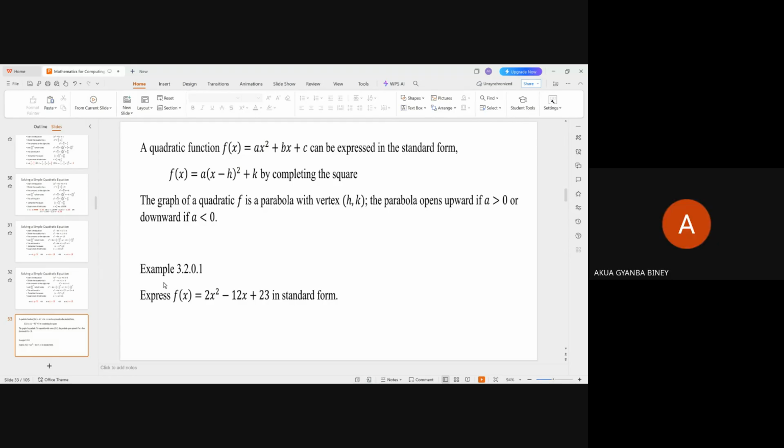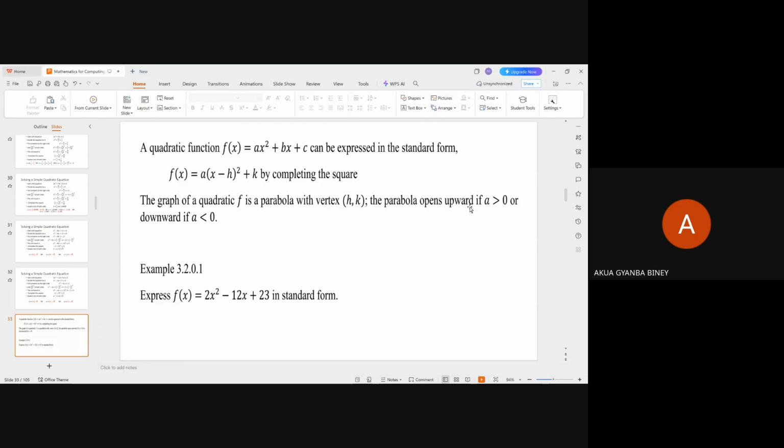A quadratic function f of x equals ax squared plus bx plus c can be expressed in the form a(x plus h) all squared plus k by completing the square. The graph of a quadratic f is a parabola with vertex (h, k).